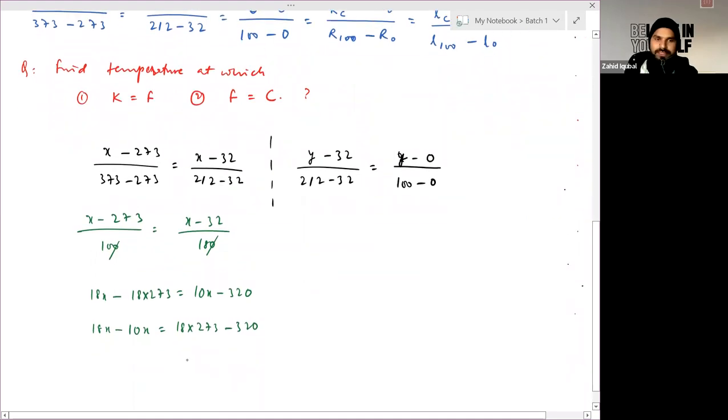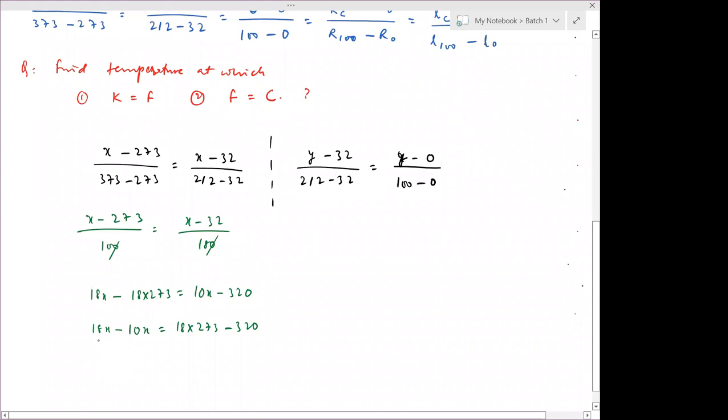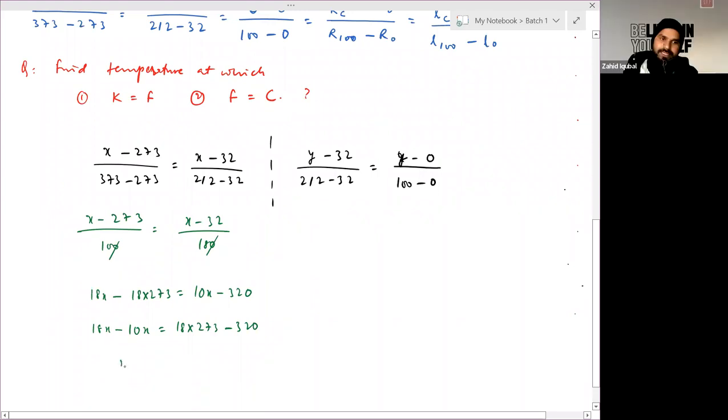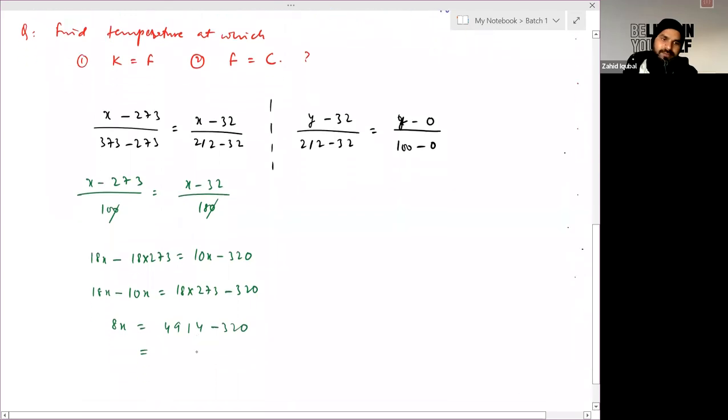Hamza, is it clear up to this part? Yes, sir. So 18 minus 10, it will be 8x. Just multiply it. 18 into 3, 54. 18 into 7, 126, plus 5, 131. 18 into 2, 36 plus 13. It will be 49 minus 320. Now subtract it. 4 minus 0, 4. 11 minus 2, 9. 9 minus 8 minus 3, 5. 4.